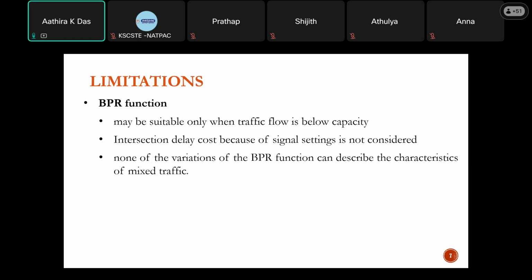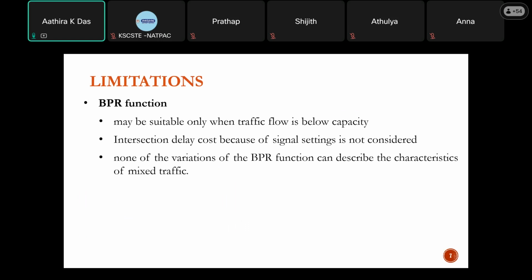However, these concepts have some limitations. Several literature has also given some limitations of the BPR functions, like it may be only suitable for traffic flow that is below the capacity, and moreover, the intersection delay caused due to a traffic signal or delay at unsignalized intersection is not considered in this function, and none of the variations of the BPR function that has been developed can describe the characteristics of a mixed traffic.